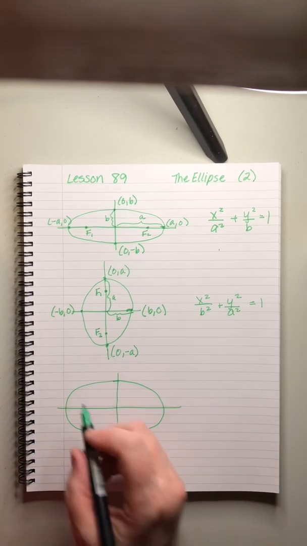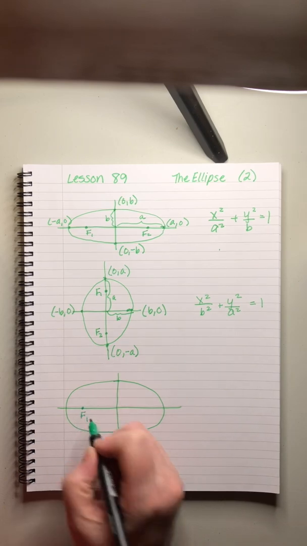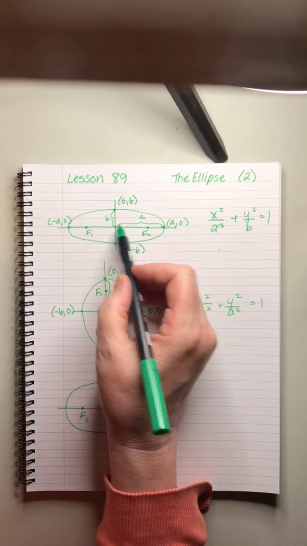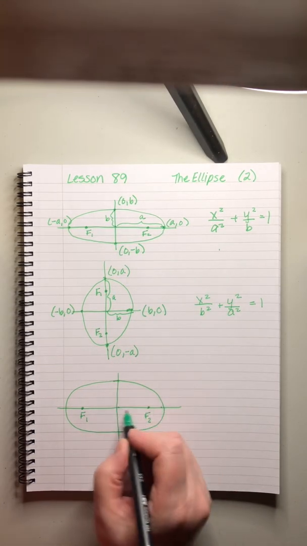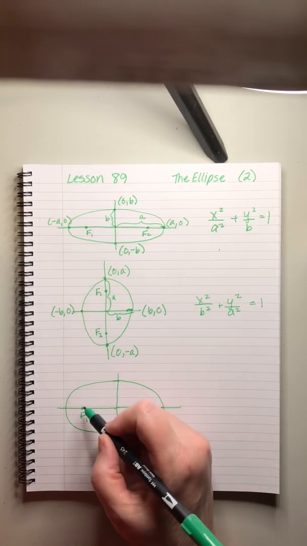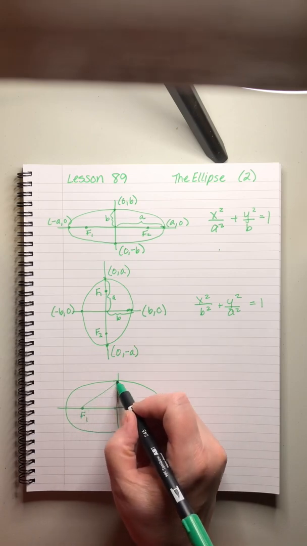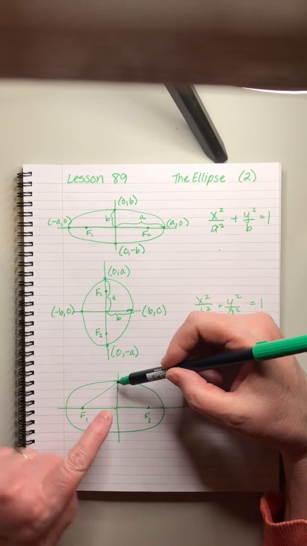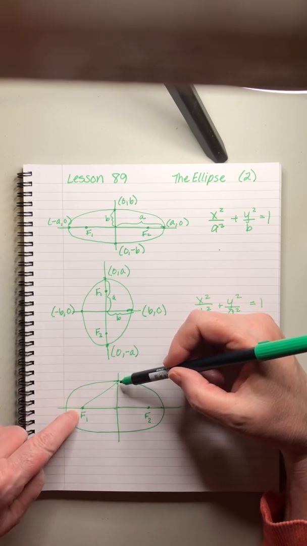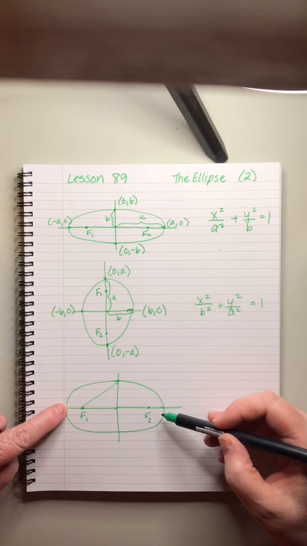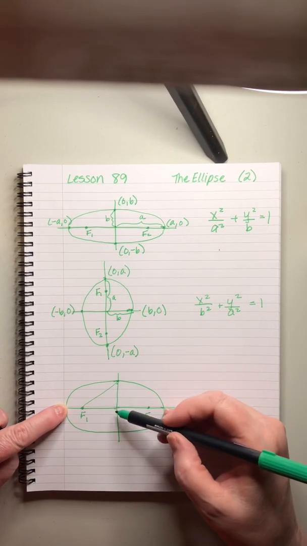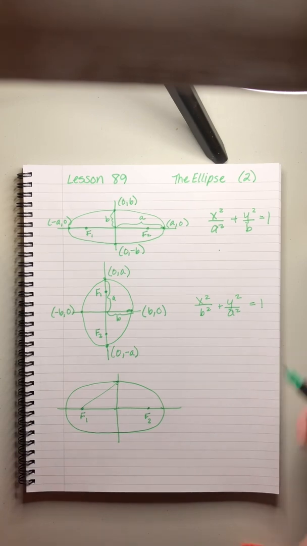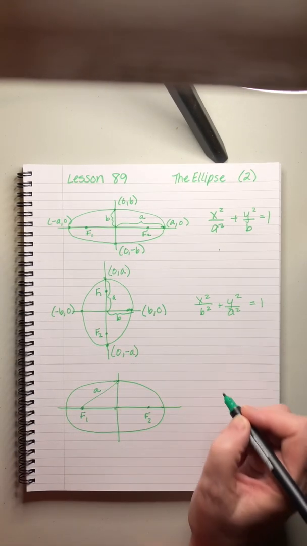Okay, so if this is F1 and this is F2, we know that this whole dimension is A, but we also know that when we have our pencil up here, then we're dividing this line that's equal to this full length in half. That means it's equal to that. That's really weird and not necessarily what we would have expected.